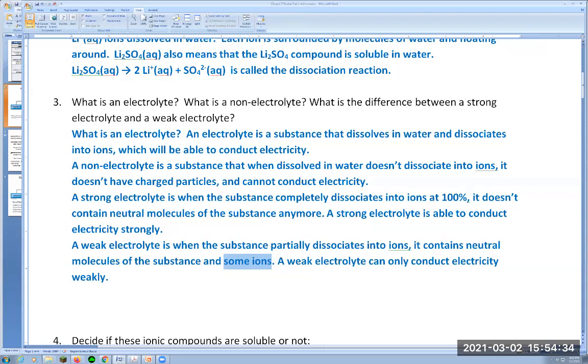So that's why it's going to be a weak electrolyte. It will only be able to conduct electricity weakly, so not as efficiently as a strong electrolyte. That's because it has only a very small proportion of ions versus the neutral molecules. So that's the difference between weak and strong electrolytes and non-electrolytes.